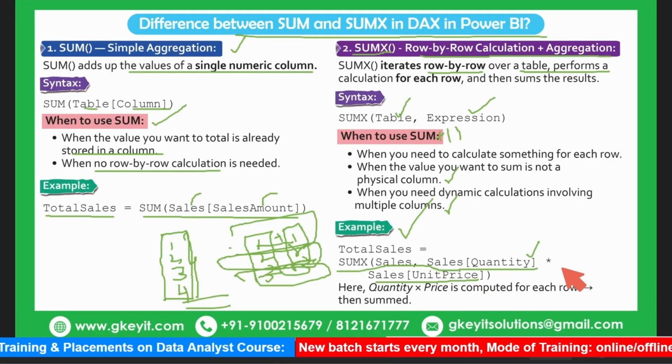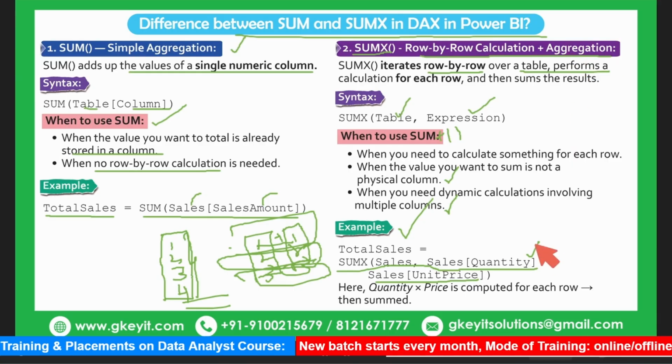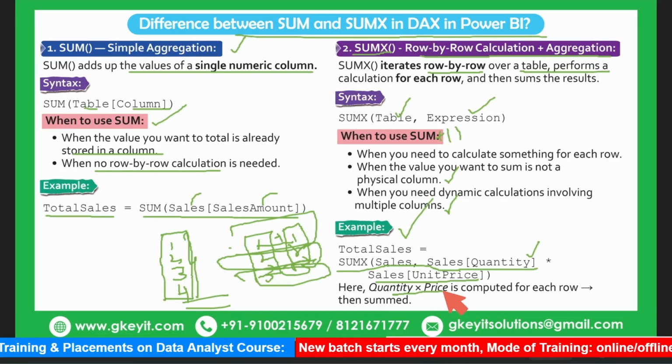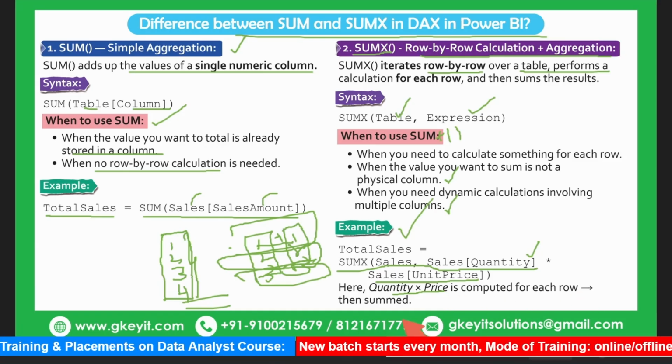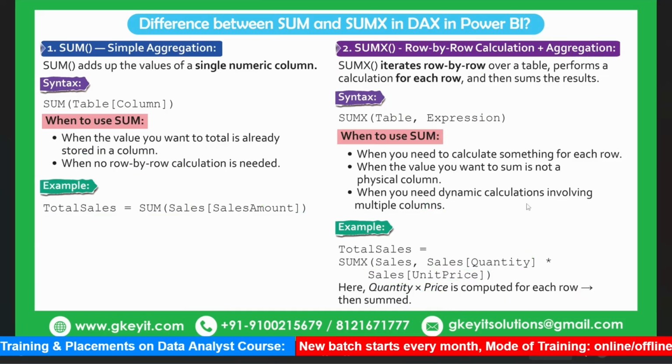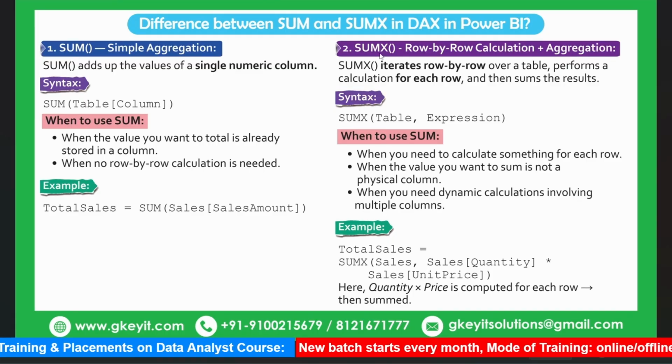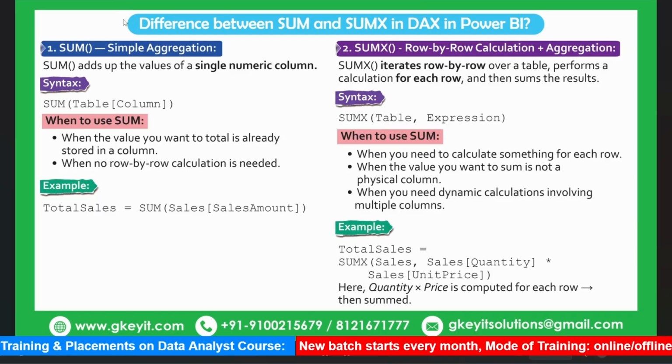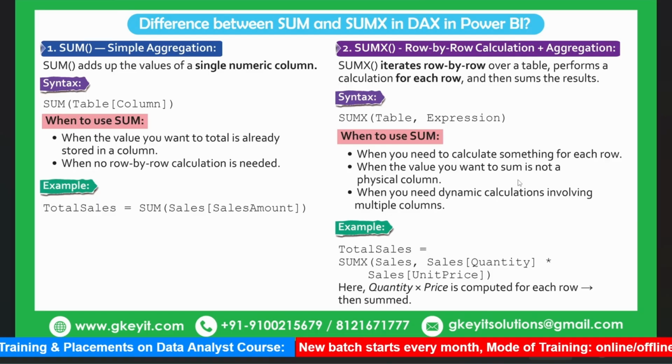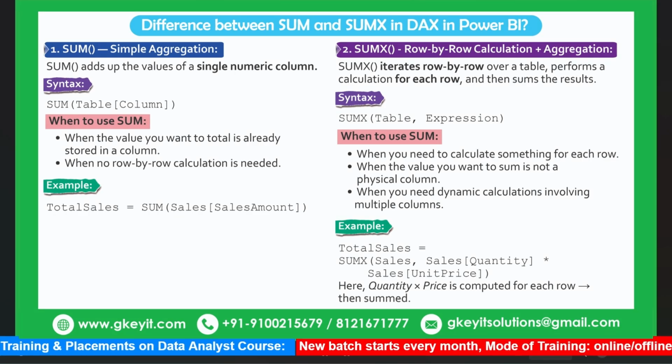It will do the multiplication and aggregation, and it will provide you the total sales. Here quantity into price is computed for each row and summed. I think you got some idea about the SUMX and SUM DAX functions. SUM is based on a single column, whereas SUMX is a row by row calculation.